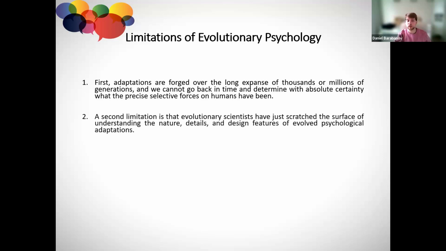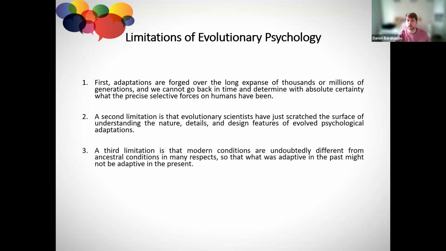So the second limitation is that evolutionary scientists have just started. It's quite a recent area of study inside of psychology, and we just don't have much information yet. It's also a limitation, obviously. The third limitation is that modern conditions are very different from ancestral conditions.